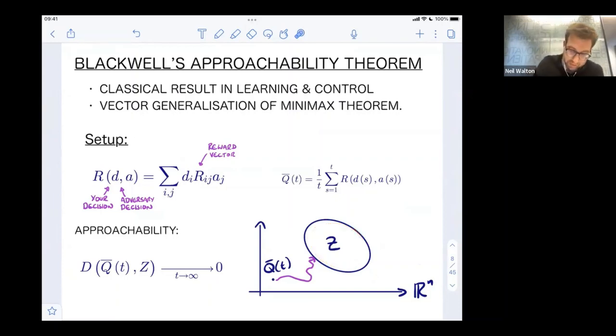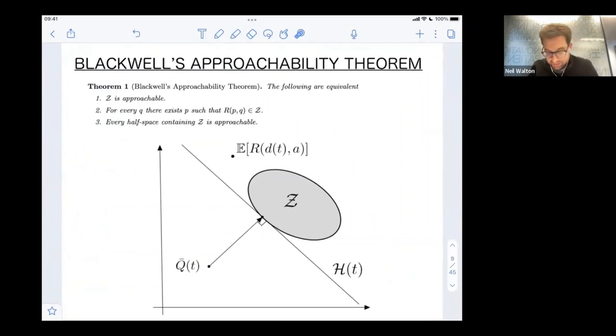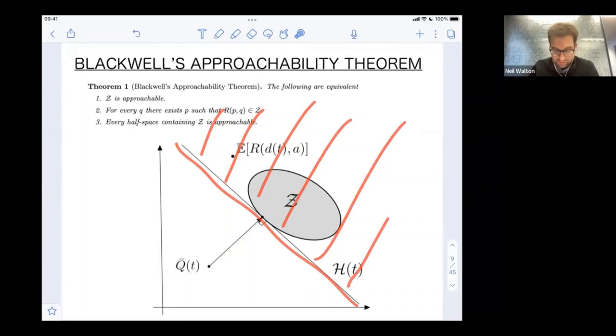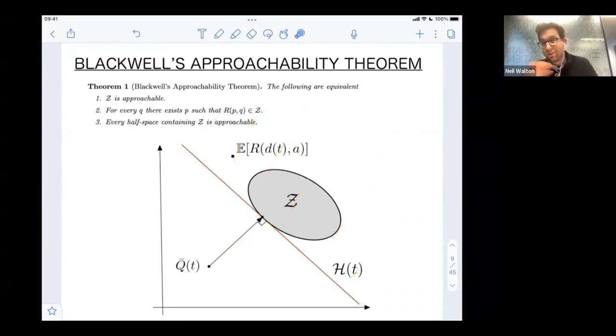What Blackwell proved is there's a condition for approachability: if I take my state here and I project it onto the convex set, and I can guarantee that the average reward or movement I get is on this side of this hyperplane after the projection, then I can always guarantee approachability to the set. So provided the movements have this property that they lie on this side, I can guarantee approachability, or getting close to this set over here.